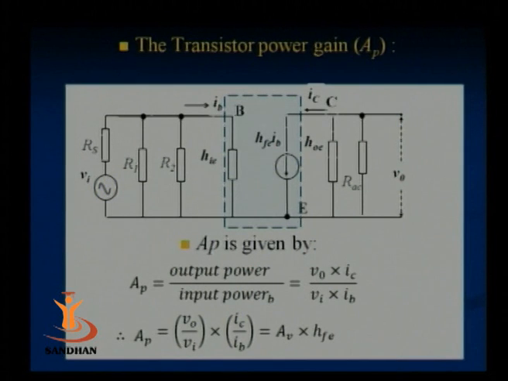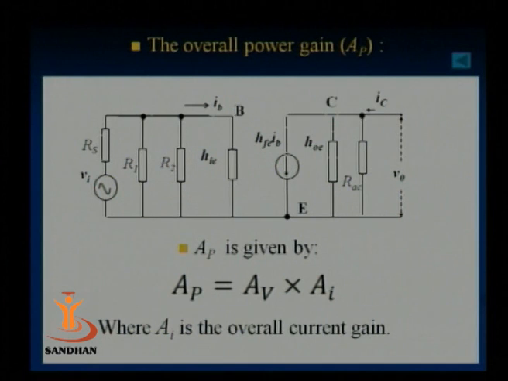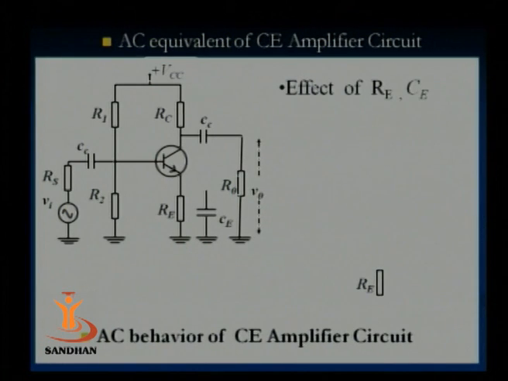Slightly rearranging, we get the transistor power gain as AV, the voltage gain of the transistor by itself, into HFE. And the overall power gain of the circuit as a whole, AP, is the voltage gain into the current gain. Mind well, the current gain here is not of the transistor, but the overall current gain.